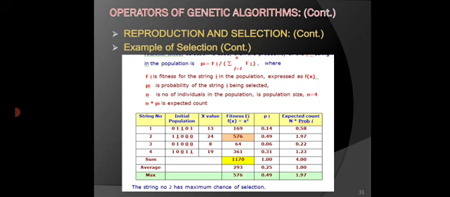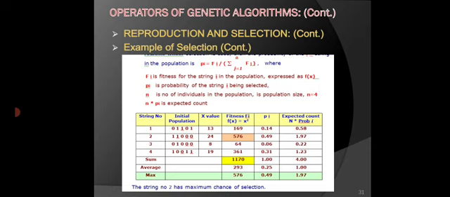Now pi is the probability, according to the equation pi = fi divided by sigma fi. And what is the expected count? N times pi. N is the population size 4 multiplied by pi, and we get the expected count. If we sum the function values fi, the values pi and n times pi, we get the total like this.